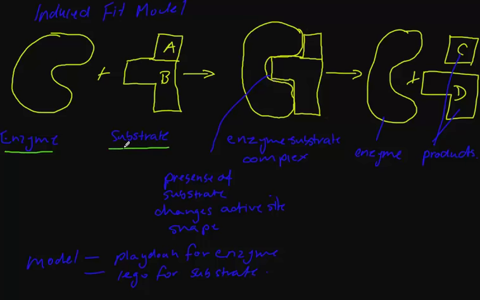So a substrate is the molecule on which an enzyme acts. The enzyme substrate complex is the period in time where, in this case, our induced fit model, the enzyme slightly changes the shape of the active site to better fit the substrate to help catalyze that reaction.